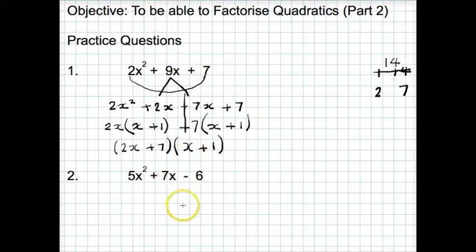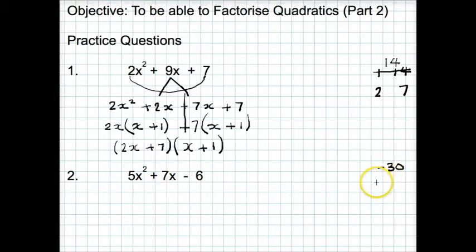Okay, question 2. Same thing. I multiply the 5 by the 6, but this time it's a negative 6. 5 times negative 6 gives me negative 30. I'm now looking for two numbers that multiply together to give me negative 30 and add to give positive 7.